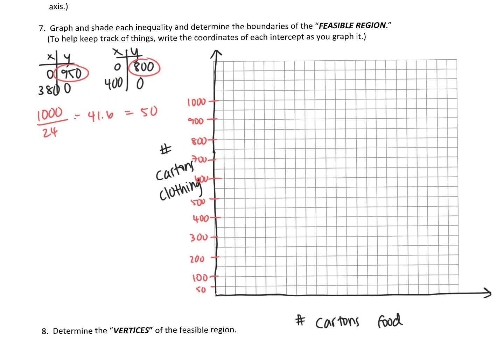Okay, similar idea for x. If I look at my two x numbers, the biggest one I have to get up to is 400. If I divide that by 24, I get 16.6. Again, that's not convenient. The closest convenient number is 20. So we're going to go up by 20. So we have 20, 40.